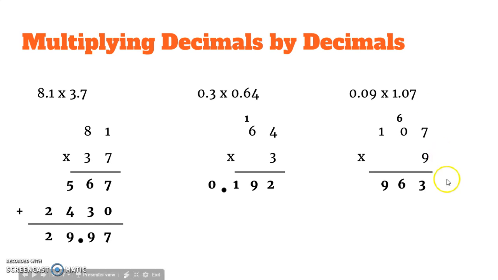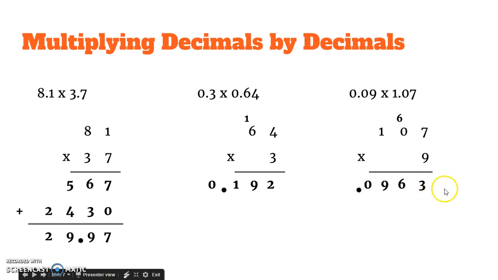Well, I only have 3 numbers. How am I going to put a decimal so that I have 4 numbers behind it? Well, the trick to that one is you're going to have to add a 0 in front of the 9, and then you can put your decimal point down. This 0 is fixed. It cannot be removed, otherwise it'll change the value of the number.